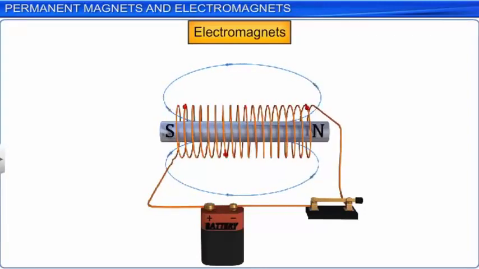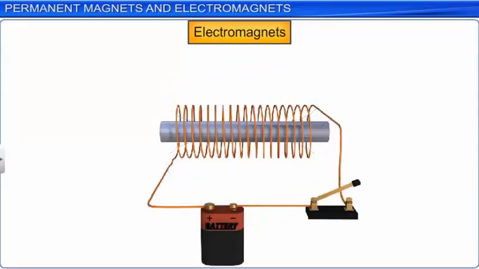When the current through the solenoid is switched off, the magnetism due to the solenoid is also switched off because of the low retentivity of soft iron. Thus, electromagnets are referred to as temporary magnets.